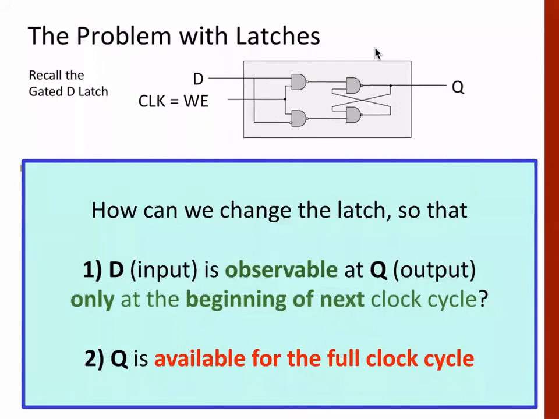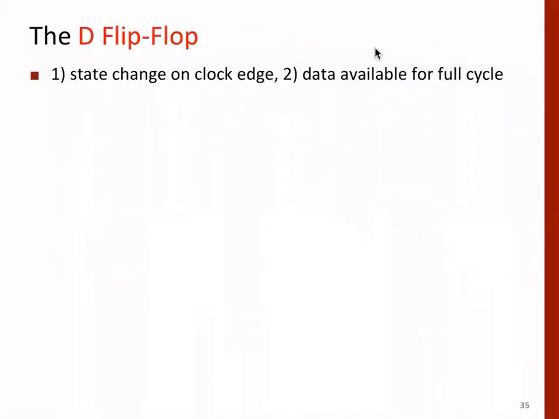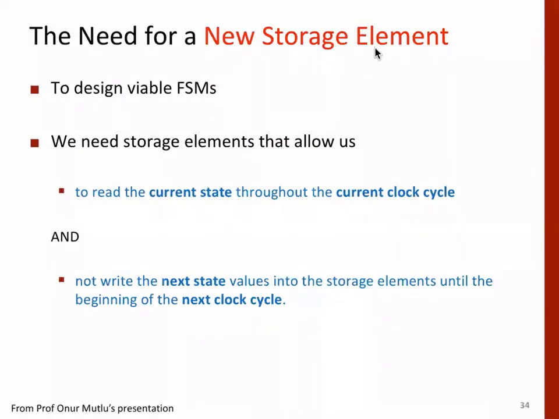It's very simple: it's edge triggered. The D input is observable at Q only at the beginning of the clock cycle, and is available throughout the clock cycle. So we come to the new storage element, which is the D type of flip-flop.